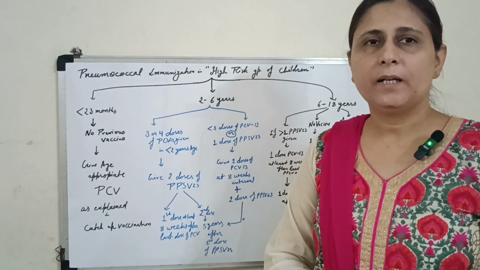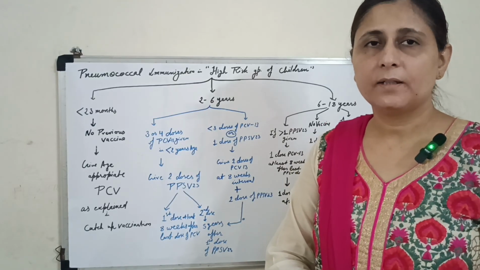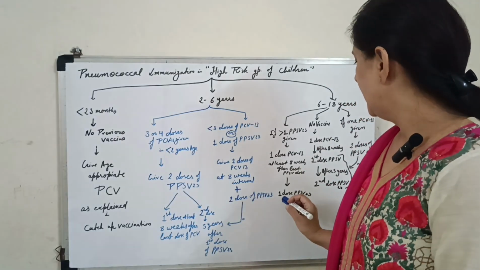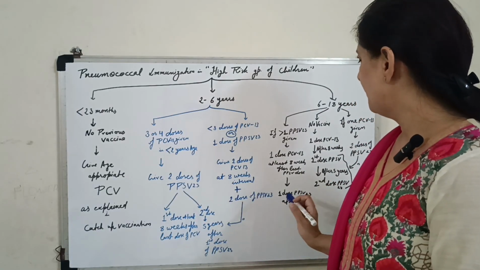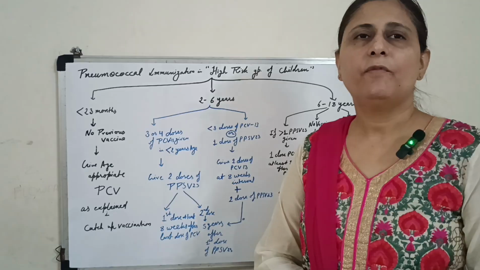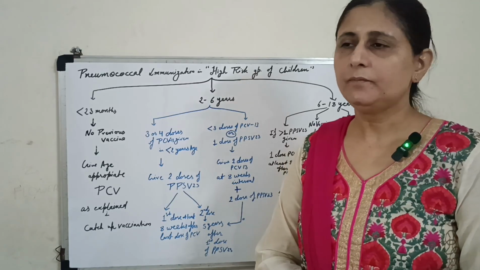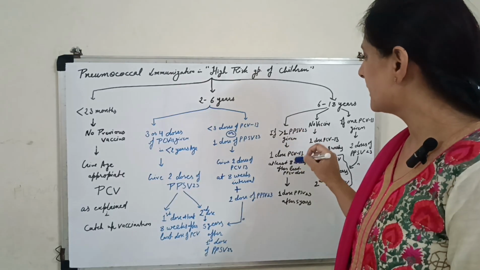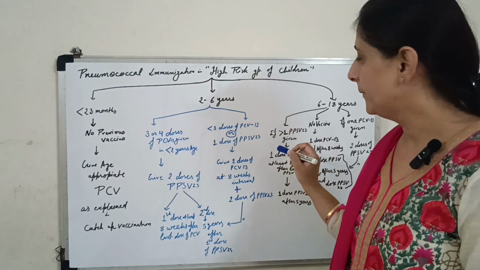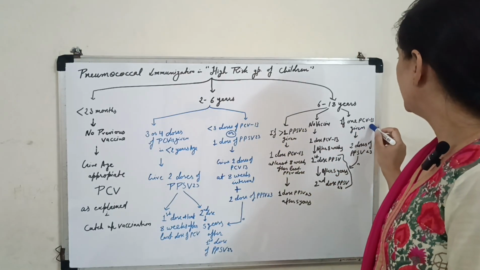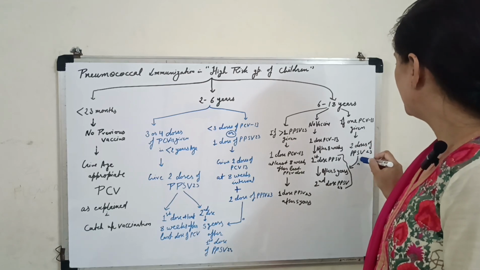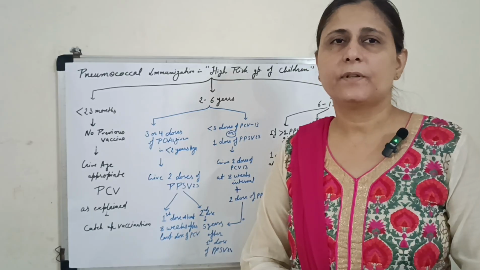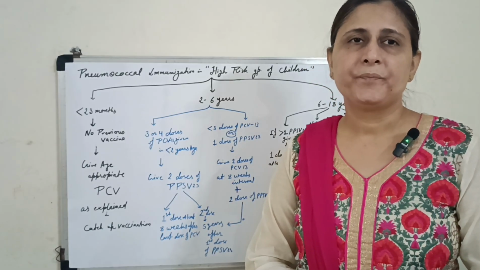So one dose of PCV13 should be given 8 weeks after the last dose of PPSV 23, and one dose of PPSV 23 after 5 years we have to give. So at least a single dose of PCV13 is required if the child has not received any PCV13. If the child has received one PCV13, then two doses of PPSV23 should be given, one dose at that time and the second dose after a 5 year interval.